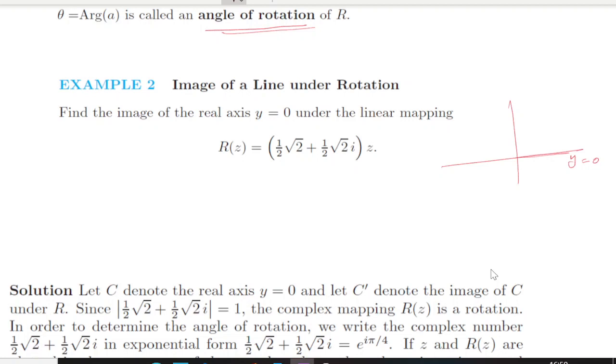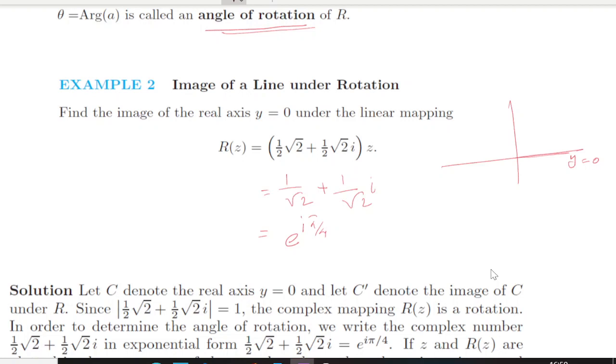You can simplify this map as R of z equal to 1 by root 2 plus 1 by root 2 i, so we can have its exponential form as e raised to i pi by 4. Am I right? e raised to i pi by 4.